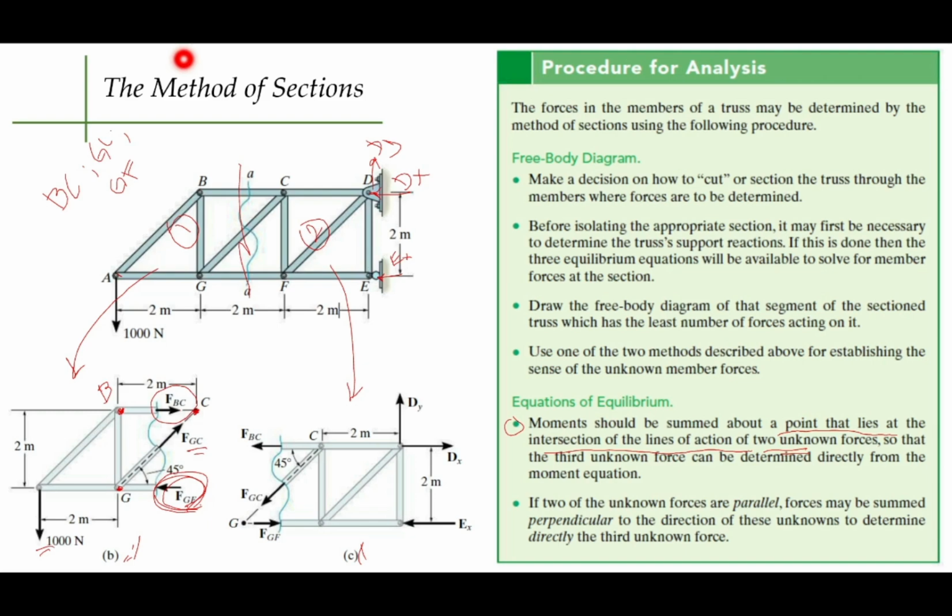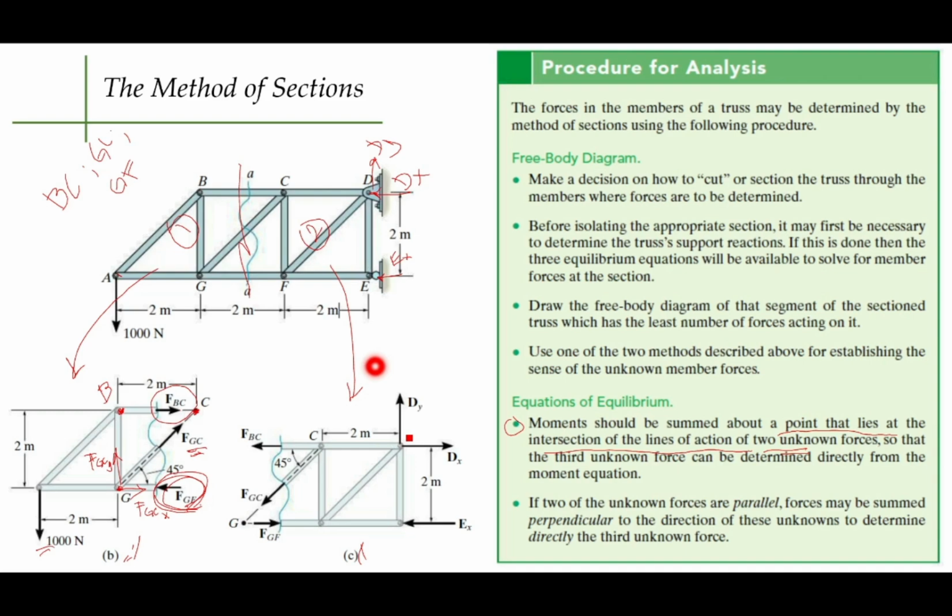Now, you might say, where should I place GC? For GC, you just have to follow the principle of transmissibility, meaning you can have the x and y component of GC here. You can have it here. This is FGCY and FGCX. So you can get the x component of GC because the y component of GC, if you put it at G, passes through point B, right?